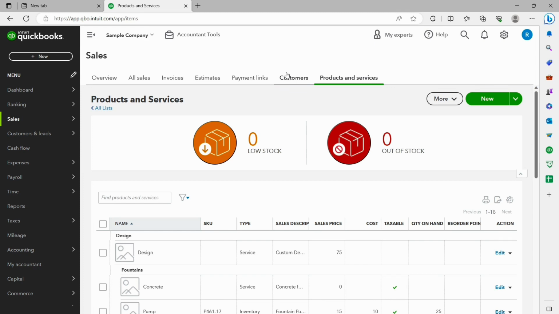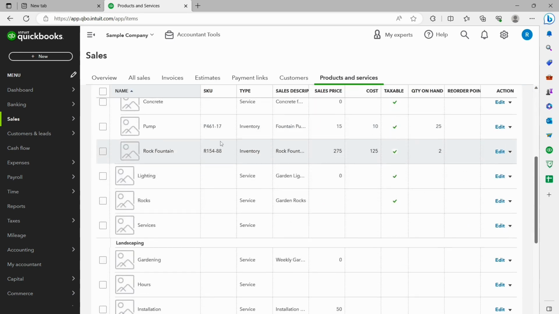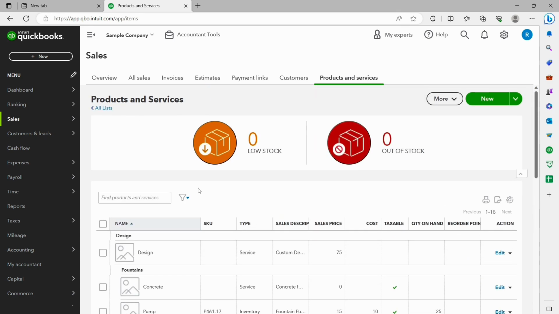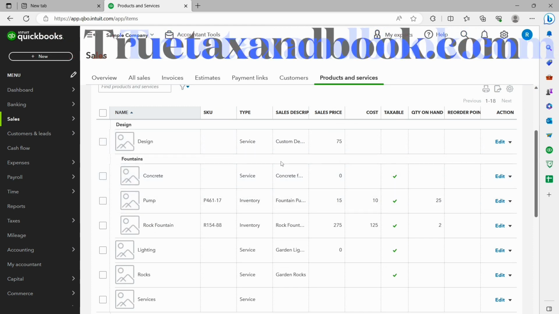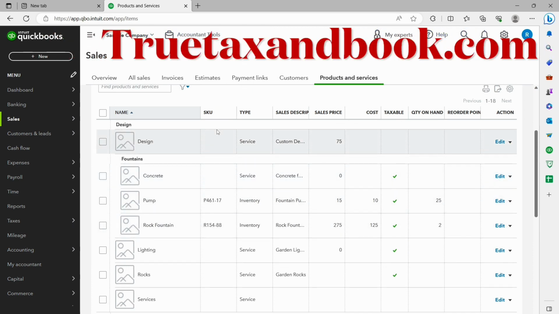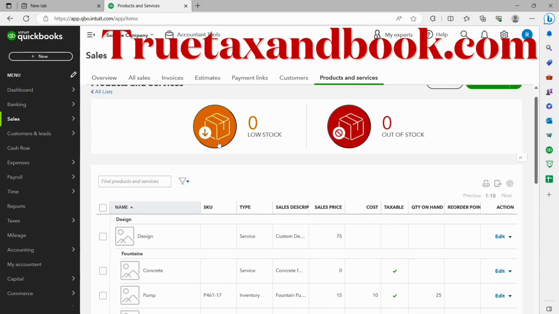Or you have a service that you sell. My bookkeeping is a service, because I don't have to buy anything in order to sell you what I have. So two types, we have the product and the service. When you have the product, we have the inventory. Inventory can be very, very complex.